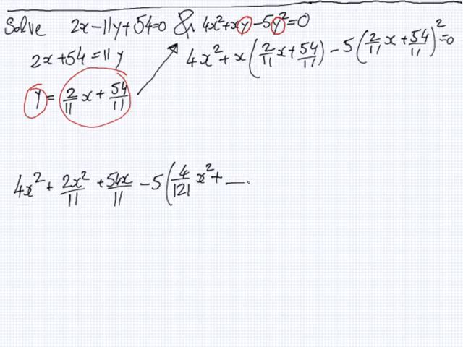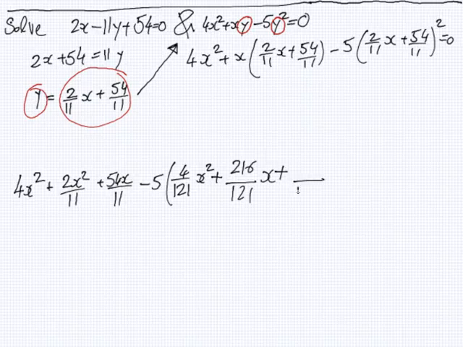Plus 216 over 121 x. Plus 54 times 54, what's 54 squared? I'm too tired. 2916. Thank you. 2916 equals 0.